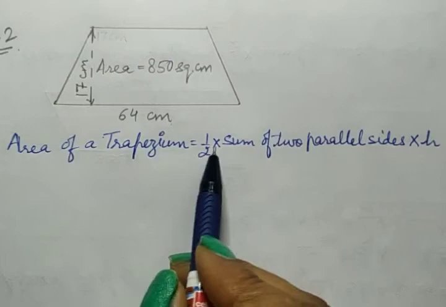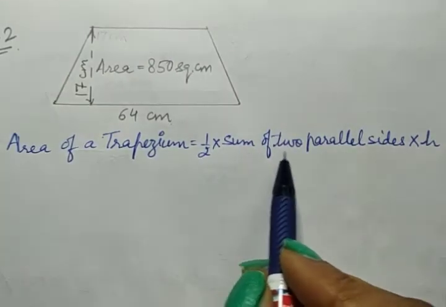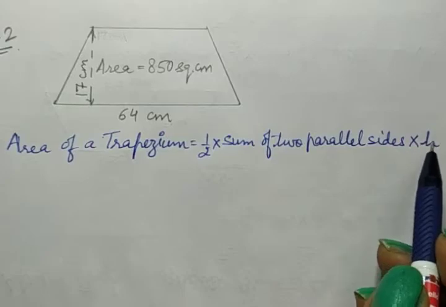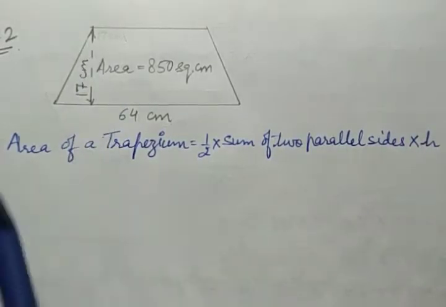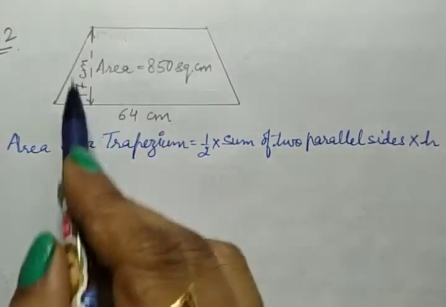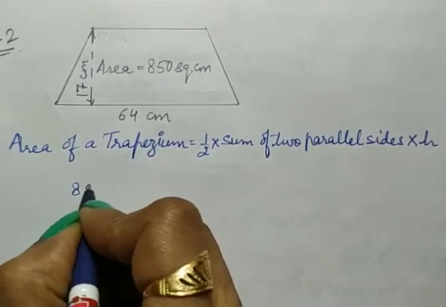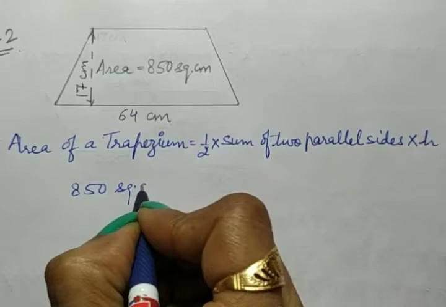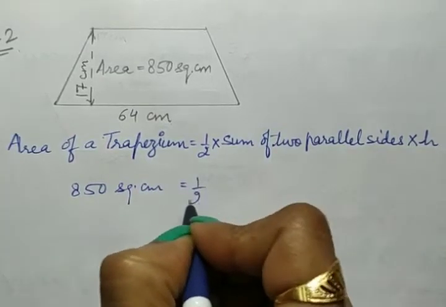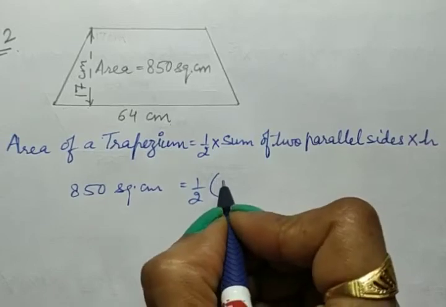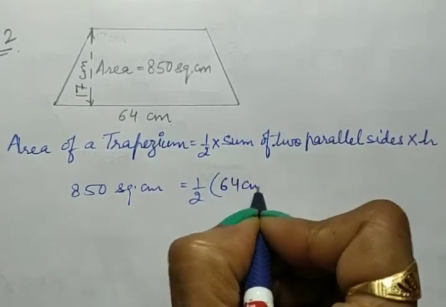Area of a trapezium is equal to half multiplied by sum of two parallel sides multiplied by height, or we can say the distance between the two parallel lines. Put these values in this formula. So we get 850 square centimeter is equal to half multiplied by sum of two parallel sides. Length of one parallel side is 64 centimeter.